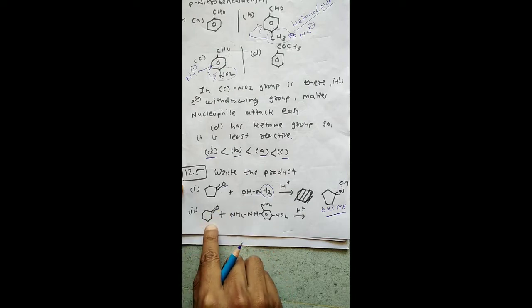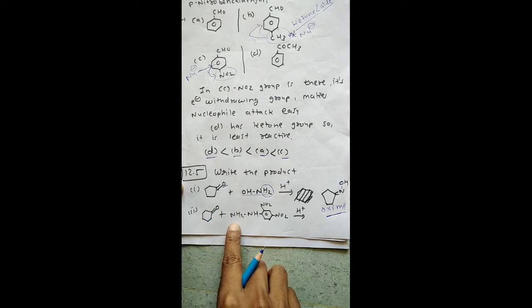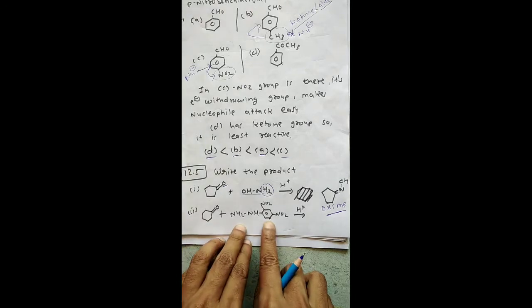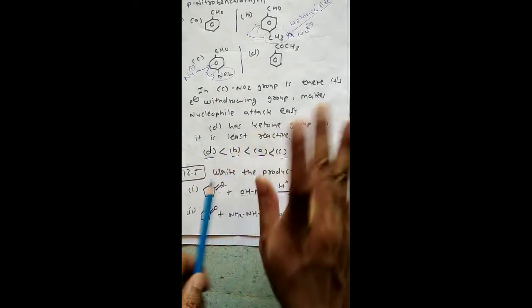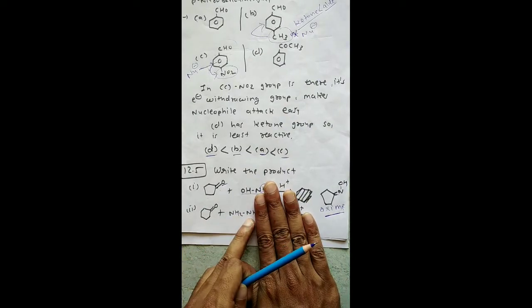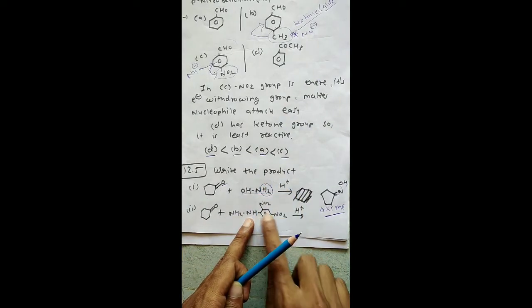So it is cyclohexanone. When it reacts with 2,4-dinitrophenylhydrazine, this one is called this one. If NH2 is there, then it is called hydrazine. But we have this group here.